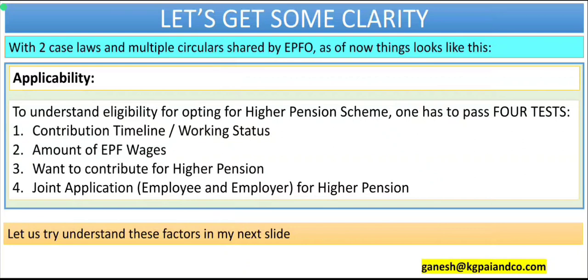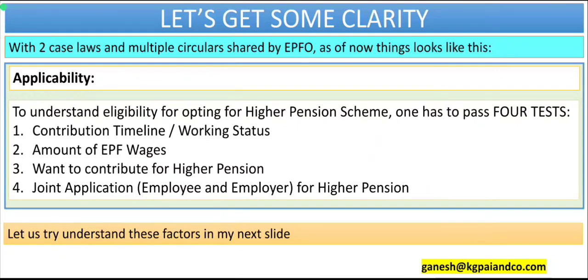The second one is what wages are considered for PF calculation. Thirdly, it's all about the employee's mind to go for higher pension. If the employee doesn't have the intention, then there is nothing for discussion. And lastly, the status of joint application by employee and employer for higher pension. On the basis of these 4 factors, we can conclude whether one is eligible for higher pension or not.